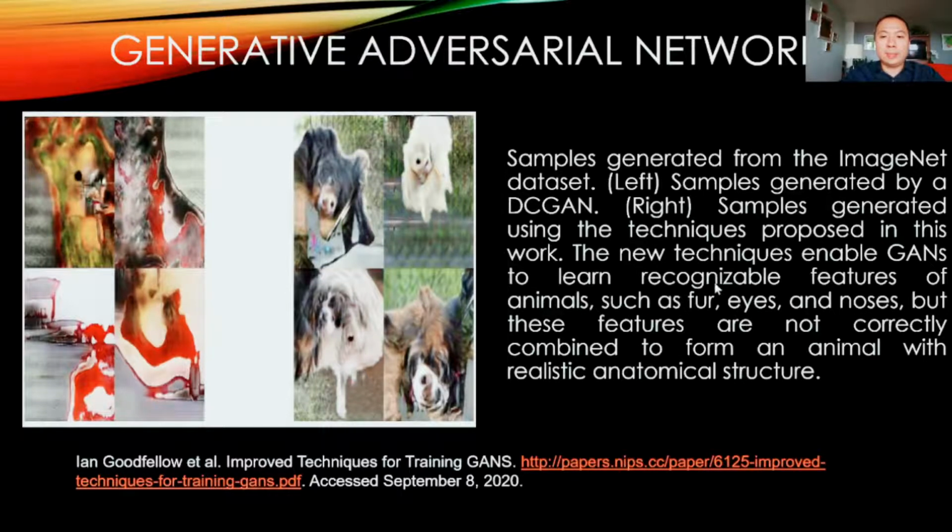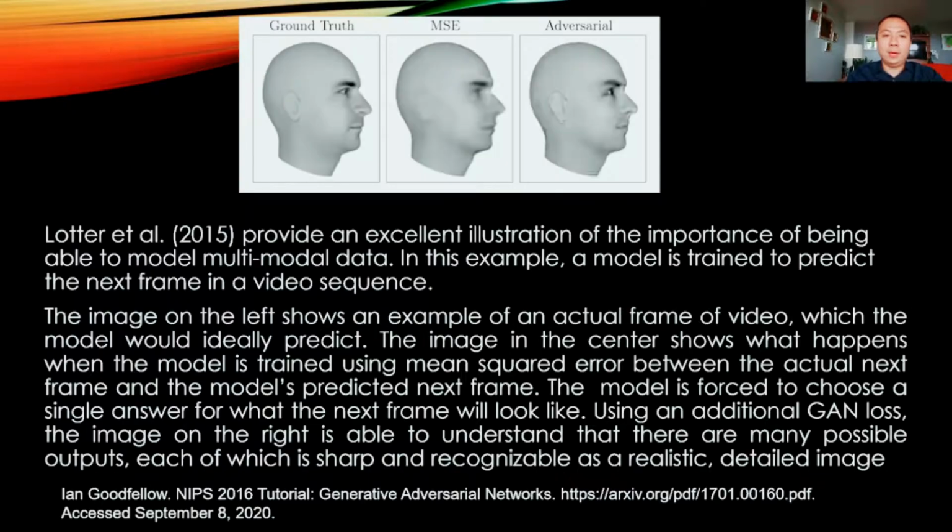At least here, you can learn recognizable features such as the fur, the eyes, the noses. But these features are not correctly combined to form an animal with a realistic anatomical structure. But given only a few training sets, just imagine how, from these images, the machine or the framework was able to create something like this in a few epochs. So this is fascinating if you think about it.